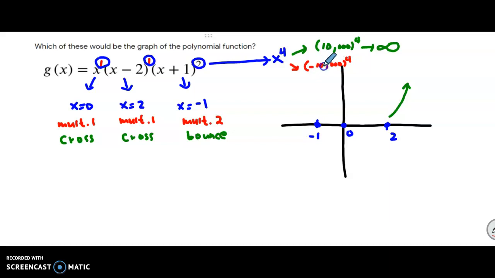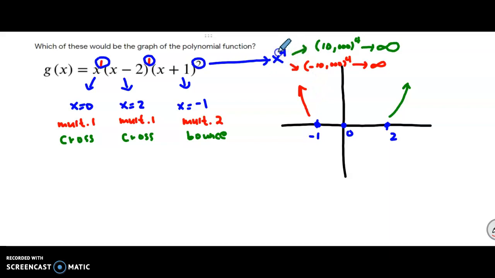It's a negative number, but that doesn't mean it's automatically approaching negative infinity. Since that's an even exponent, a negative number to an even exponent results in a positive number. So this one also is approaching positive infinity. So over here to the left of negative 1, I know that it's going to go upwards also.